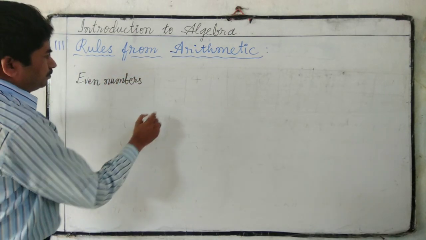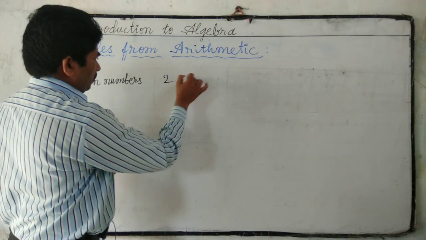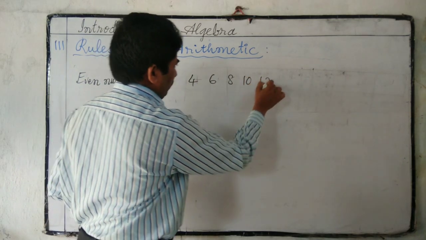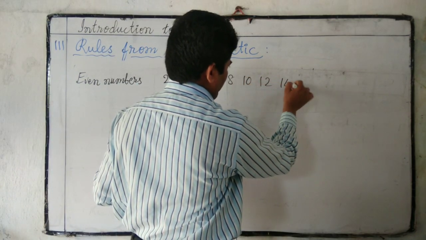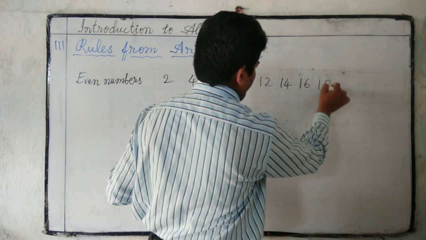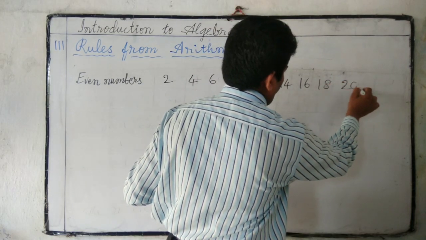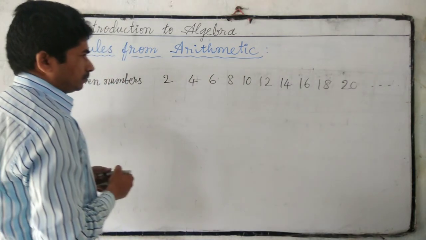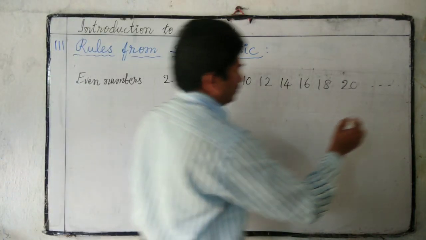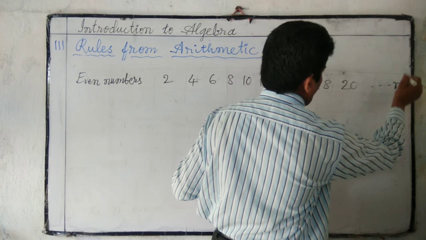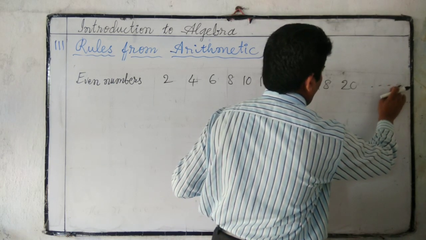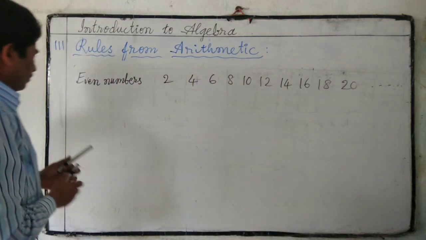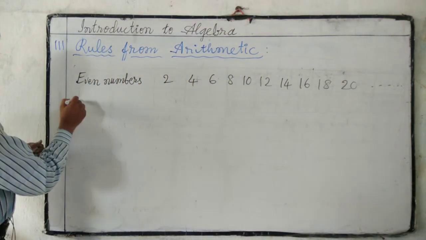Even numbers: 2, 4, 6, 8, 10, 12, 14, 16, 18, 20 and so on. Pattern.